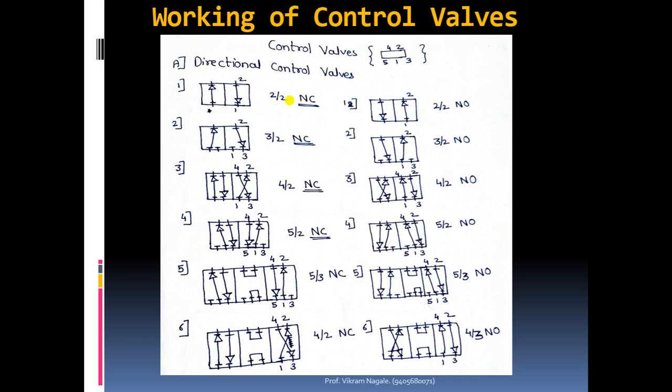Okay, so this is a 5 by 3, 5 ports in one block and 3 positions. हां, याच्यामध्ये हे क्लोज दाखवलेत मीन्स इनपुट साईडची एअर पुढे आउटपुट साईडला जात नाही, तिथल्या तिथेच क्लोज झालेले आहेत लाइनिंग्स.